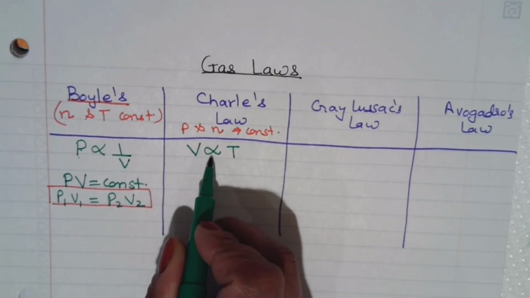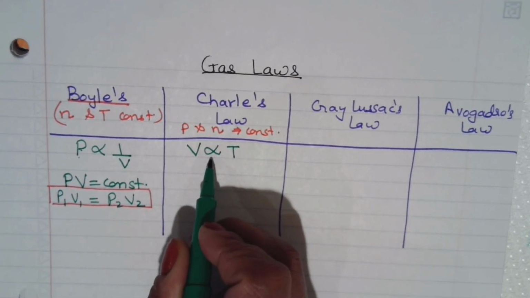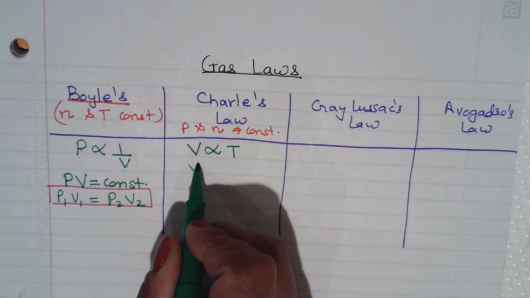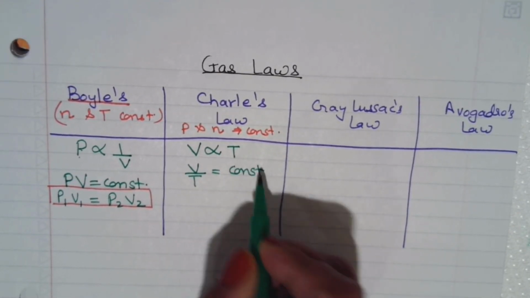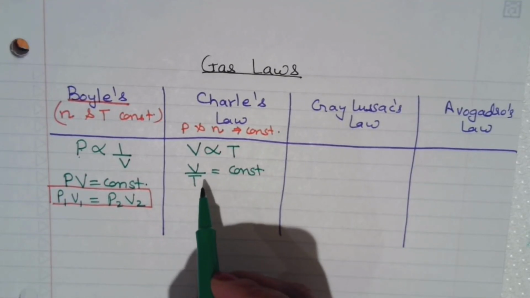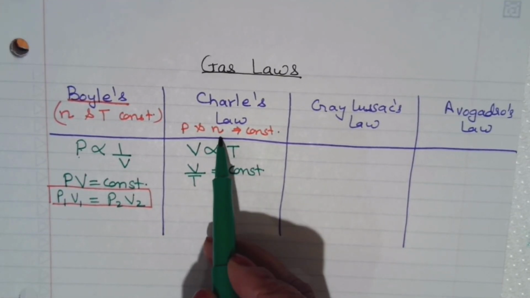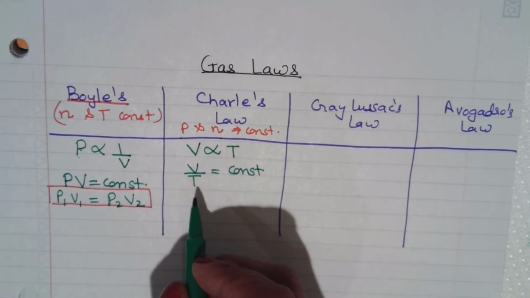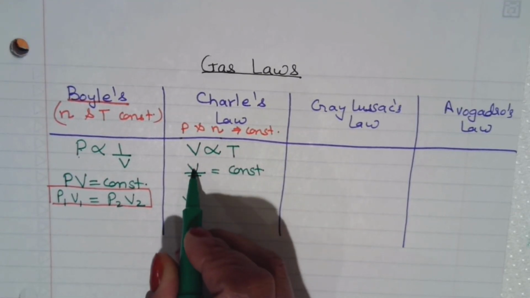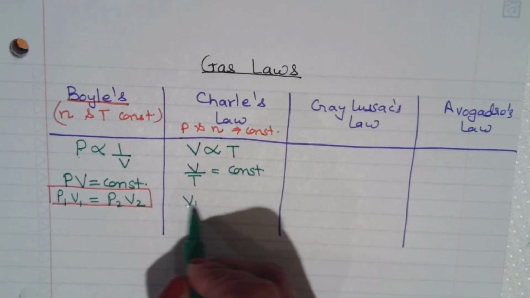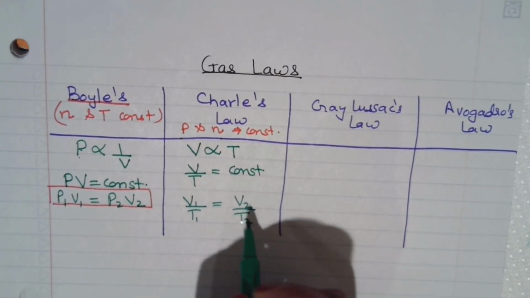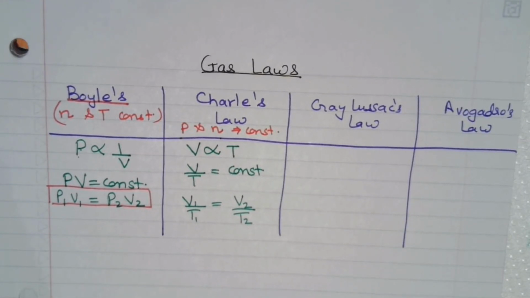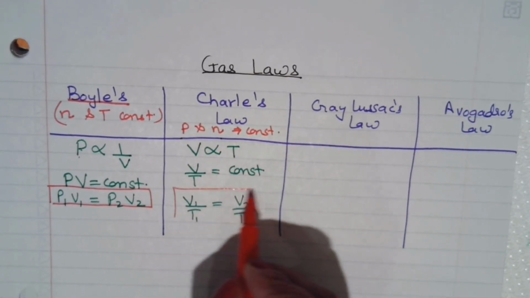So if we need to get rid of this proportionality sign and make it into an equation, we need to multiply by a constant. So that means V over T is a constant, some number for a given gas when the number of moles and pressure are kept constant. So since V over T is constant, V1 over T1 is equal to V2 over T2. Okay? So this is Charles' law.